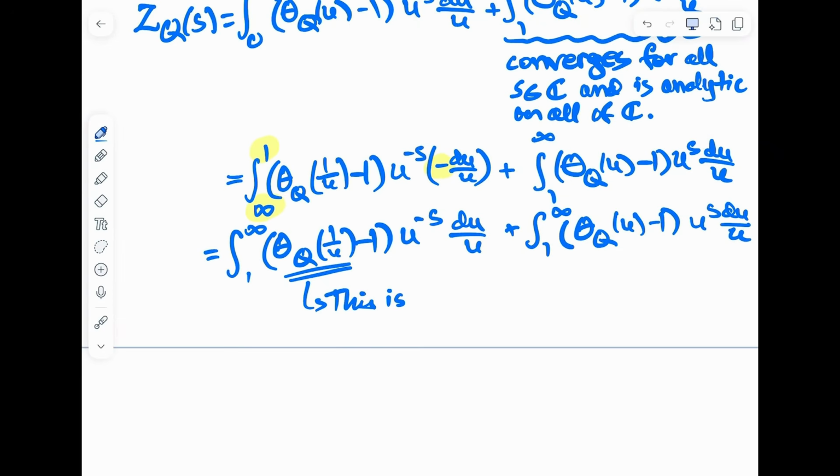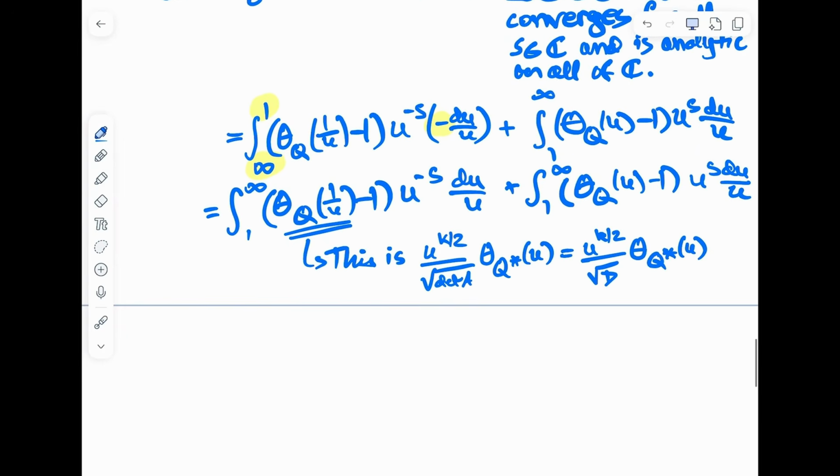So this is u to the k halves over the square root of the determinant of the matrix defining q times theta q star of u. And we were calling the determinant of the matrix A, we were calling that D.